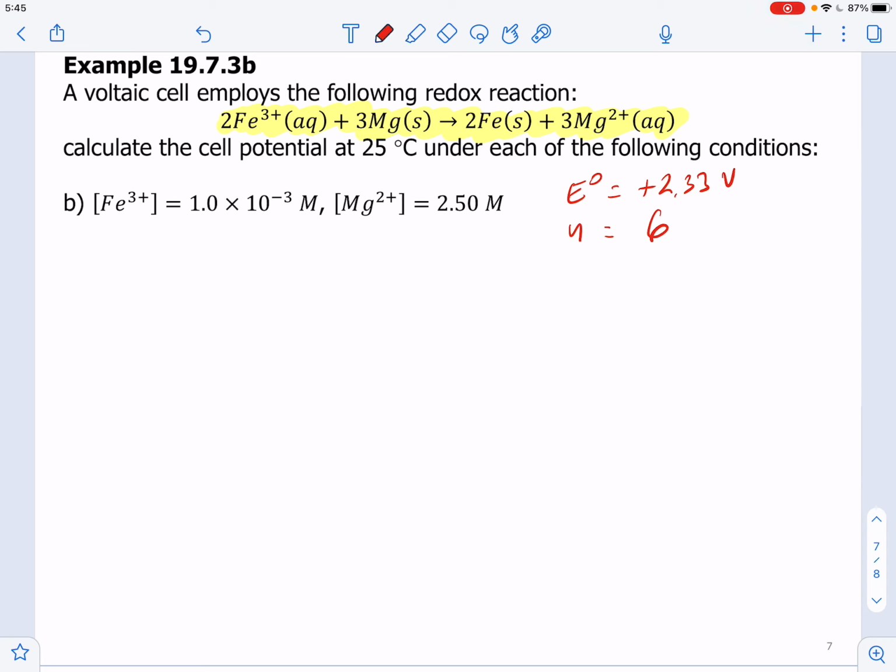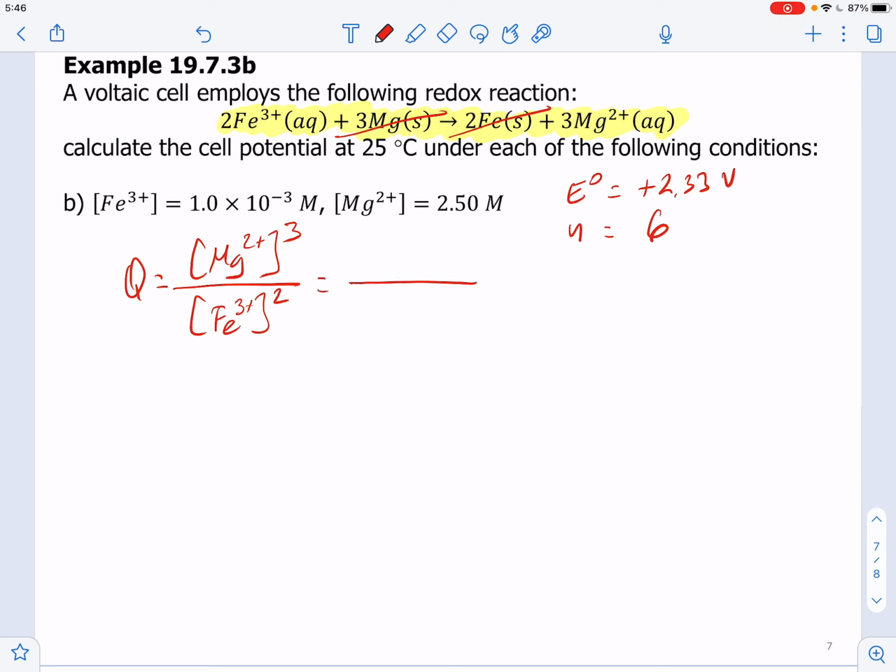You have 2 solids here in this reaction, iron solid and magnesium solid, so you don't consider them at the moment of calculating Q. So Q for this case is going to be the concentration of magnesium 2 plus raised to the power of 3 divided by the concentration of iron 3 plus raised to the power of 2. Okay, what are our concentrations here?